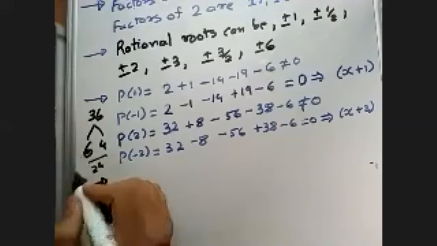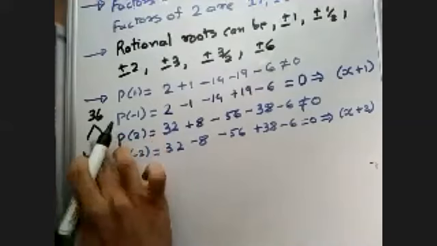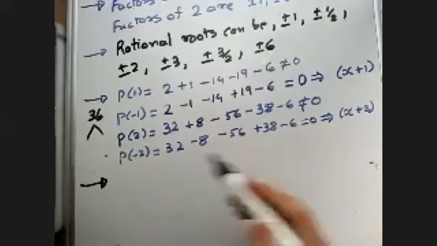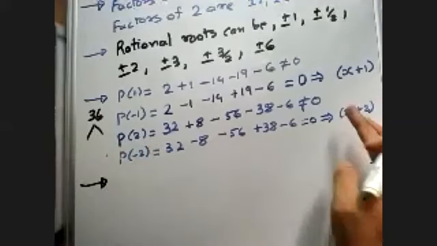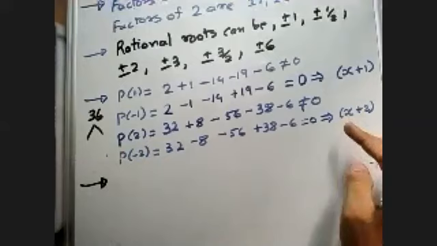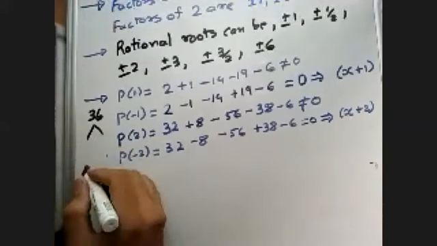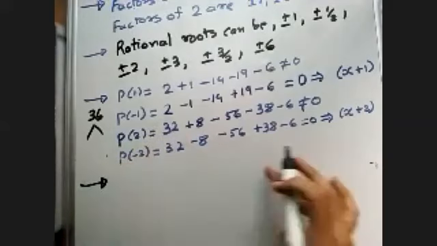But exactly in this case, yes, we have to take prime factors only, because here x plus 1 and x plus 2 are factors such that we are multiplying them. They are not a combination, they are linear factors, and since they are linear factors, they are the same as prime factors. So here you have to consider only prime factors of 36. Is it clear? So your doubt is connected to this method here.